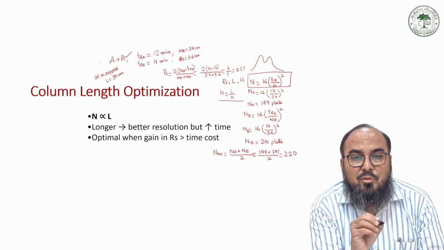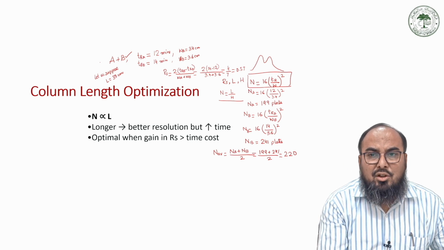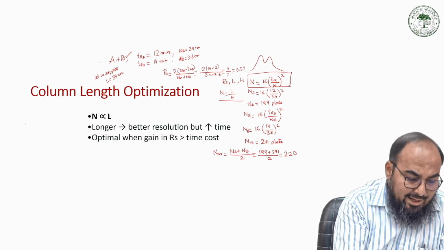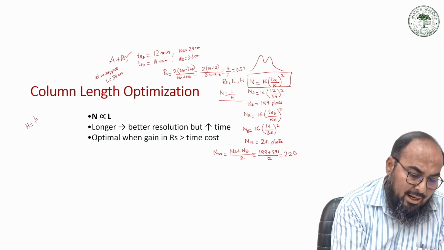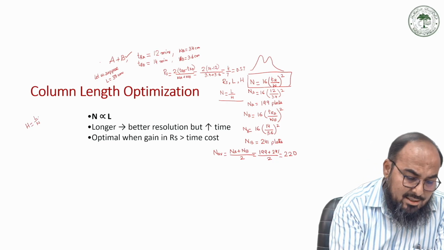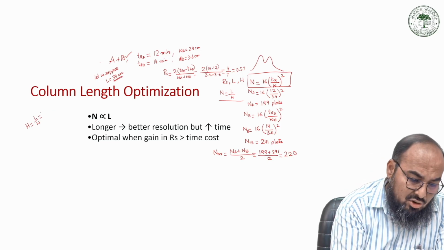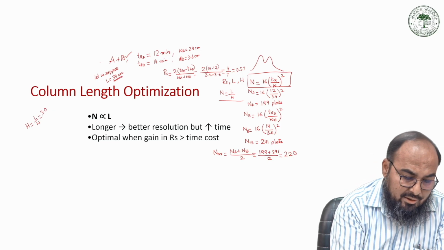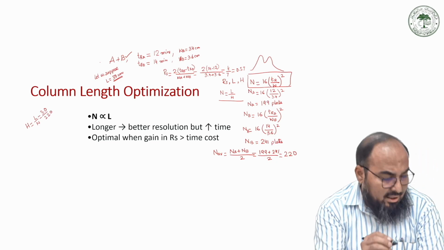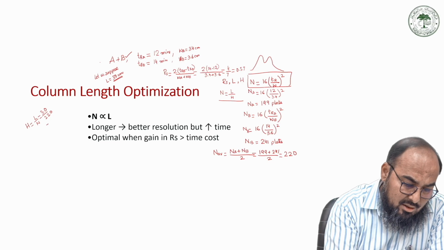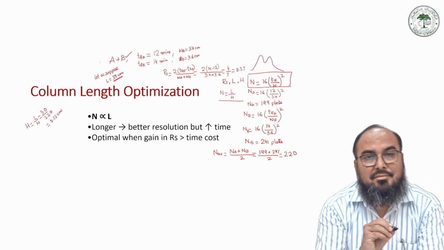First of all you have to calculate H. H is equal to L upon N. L is again 30 centimeter, given to you. So 30 upon 220 comes out to be, H comes out to be 0.13 centimeter.